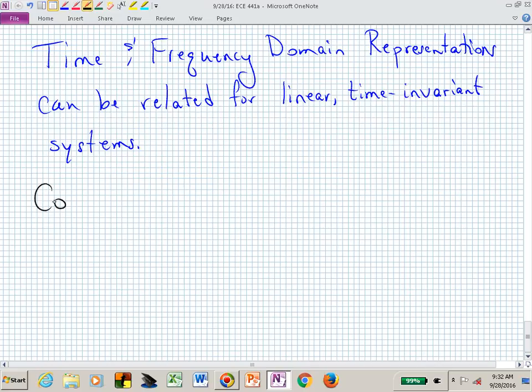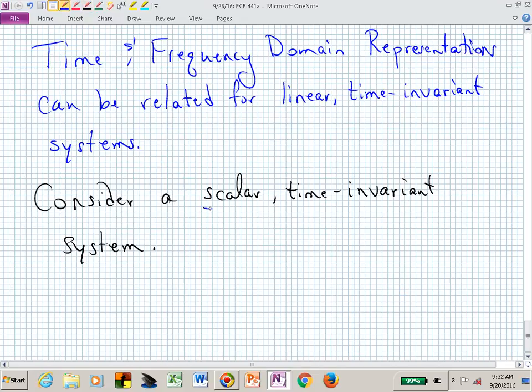Let's now look at how we can relate these two. So let's consider a scalar time invariant system. And if I say scalar, what does that mean? That's a constant, and so that's the size of our A matrix. This system matrix is 1 by 1.